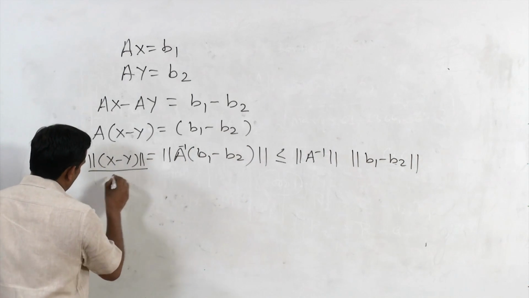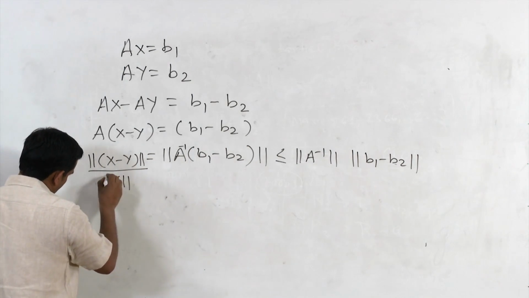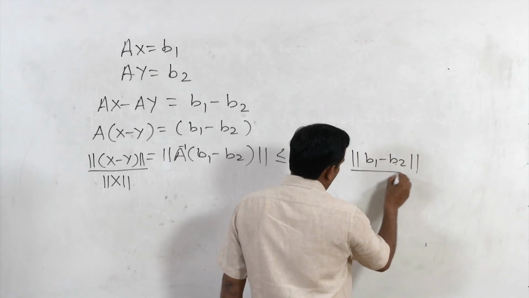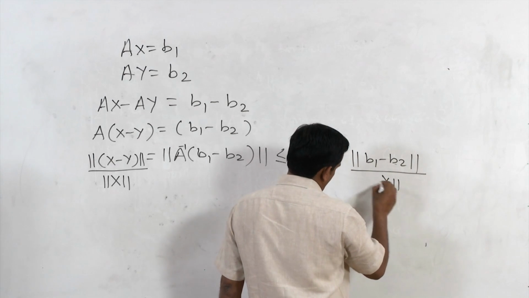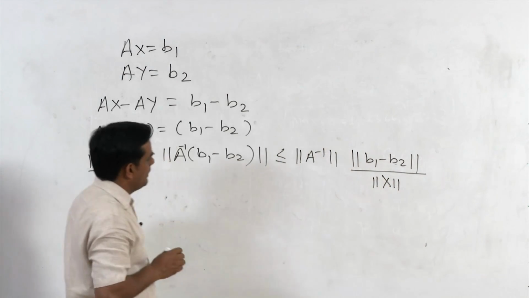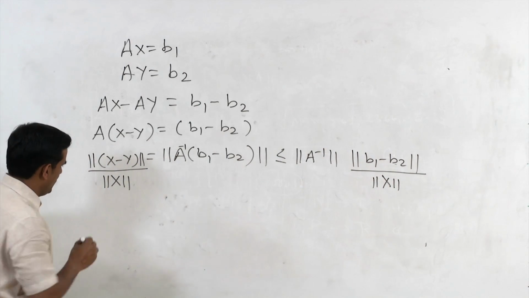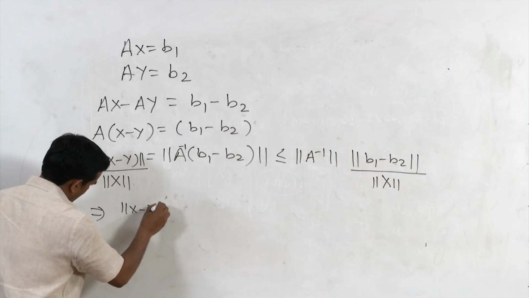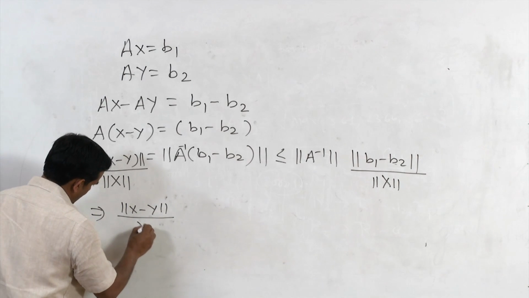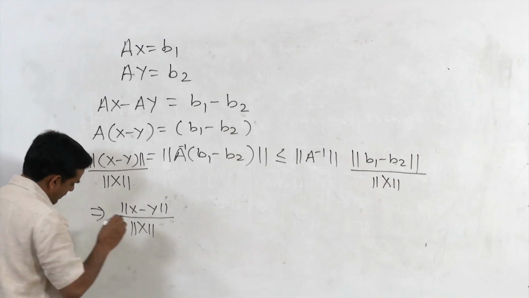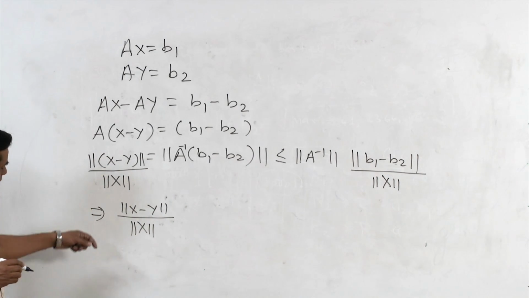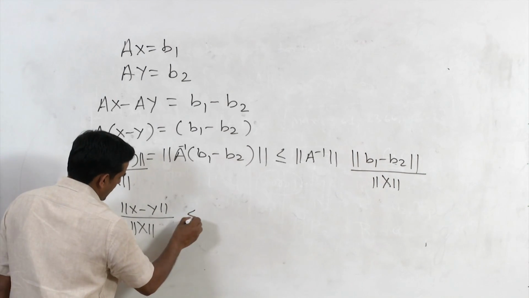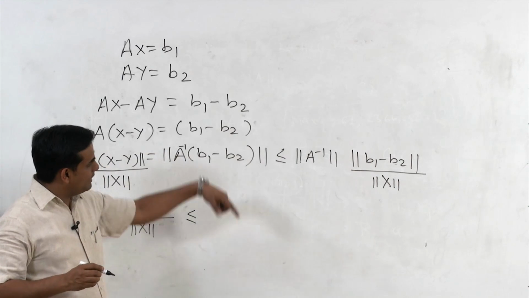If I divide it by the norm of x, this will also be divided by the norm of x. Now, I can write the left hand side as such: norm of x minus y upon norm of x.